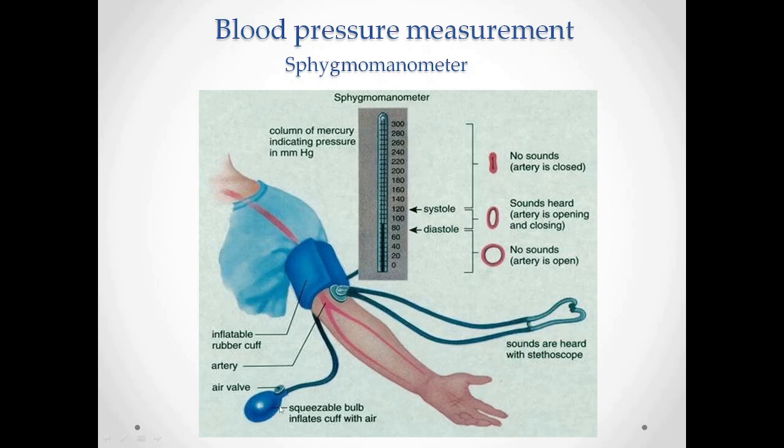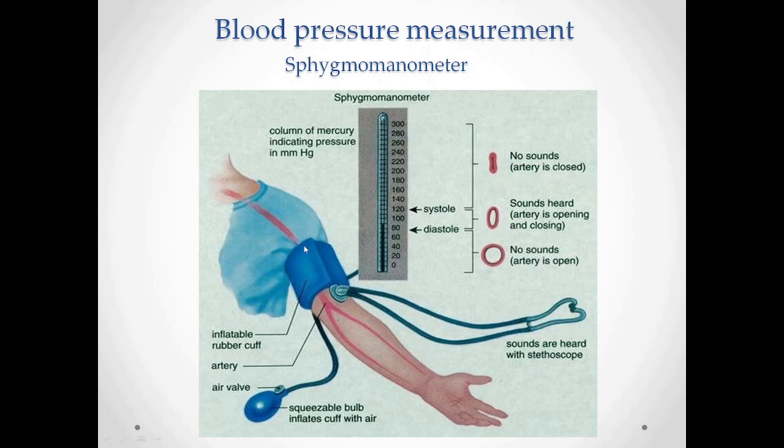The nurse or medical practitioner will pump the bulb so that air goes inside the rubber cuff. As air gets inside, it compresses your arm so that blood flow through the arm is constricted or restricted.